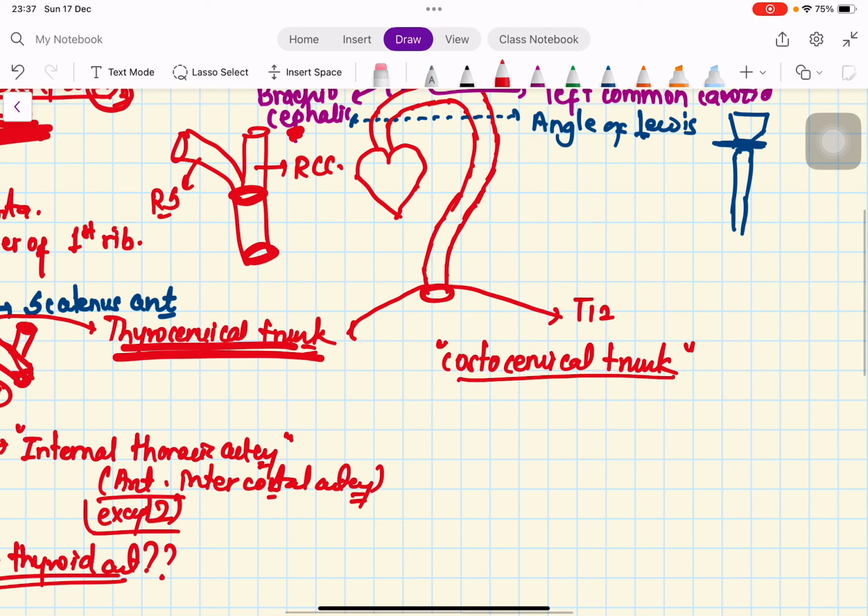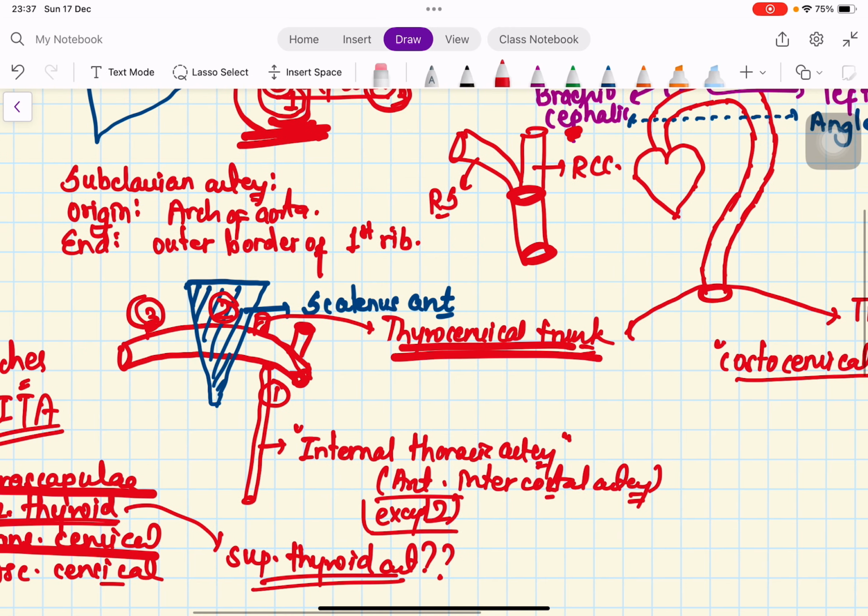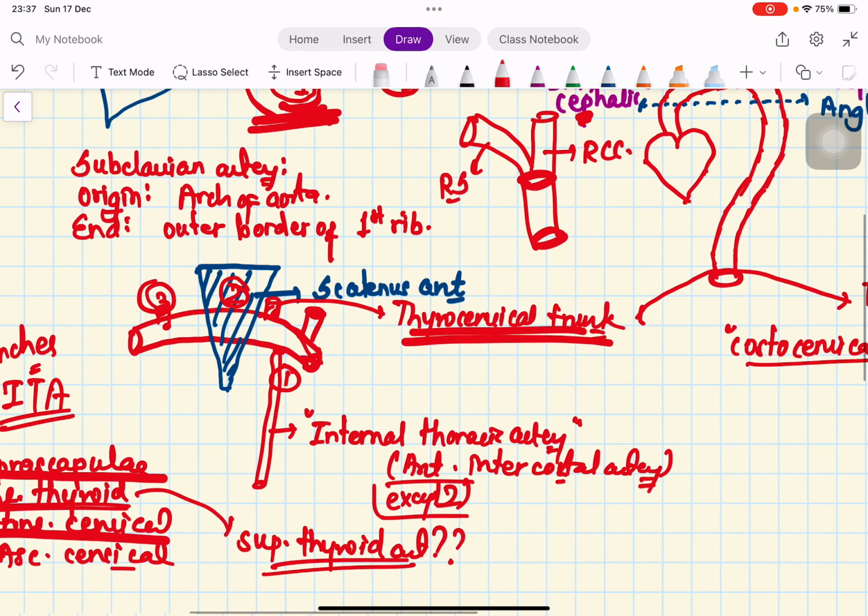And another one is the dorsal scapular artery that originates from the final part, the third part.